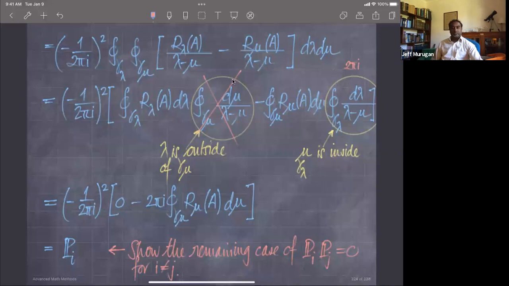Okay, so that's all I had to say today. Next time, I'll show you the actual spectral decomposition of A in terms of these projections, and we'll work out some examples.